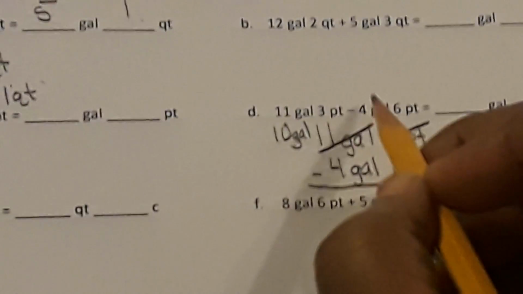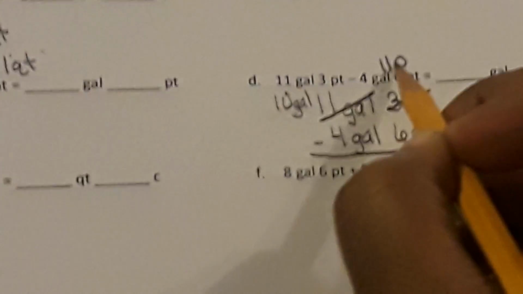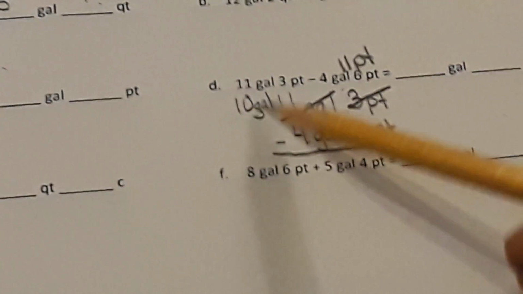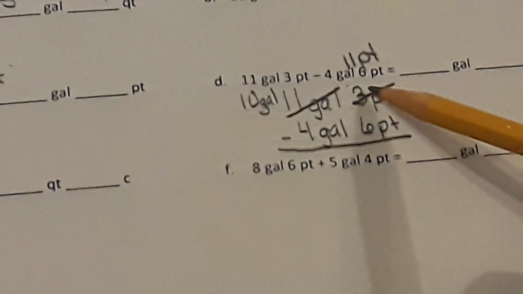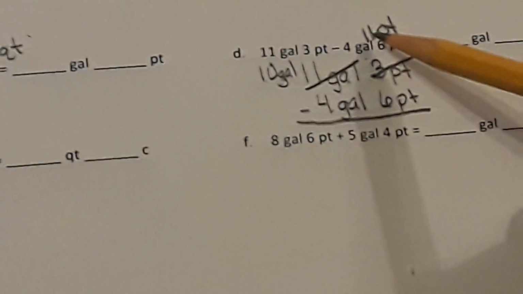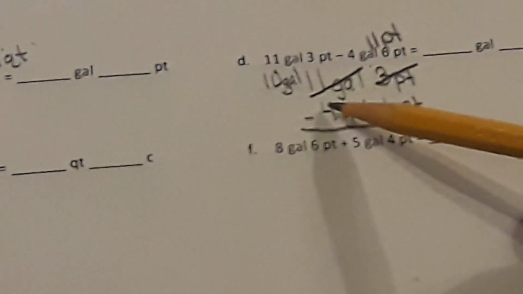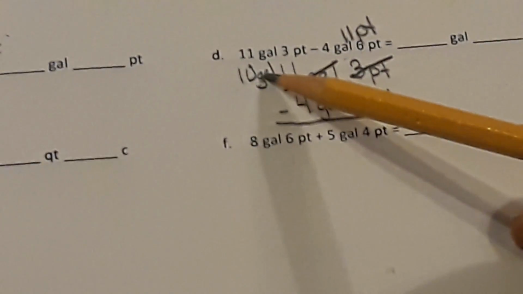So that makes it 11 pints. That's the 8 we borrowed, plus 9, 10, 11. Then you can take the 6 from the 11 and the 4 from the 10.